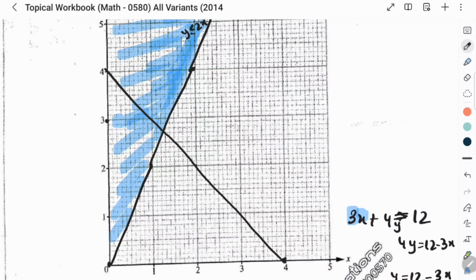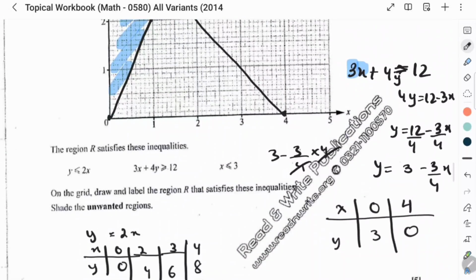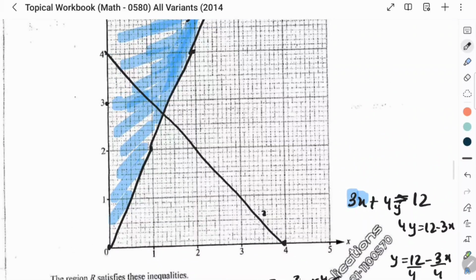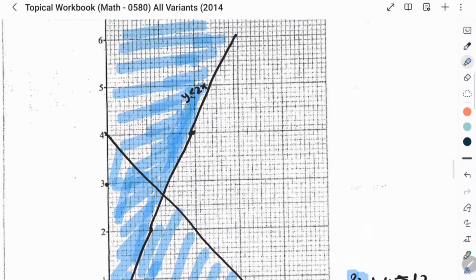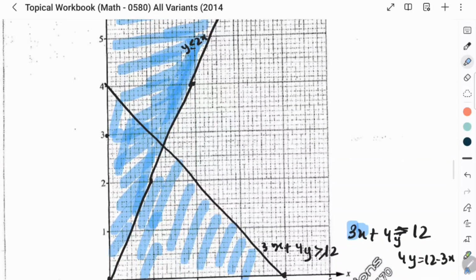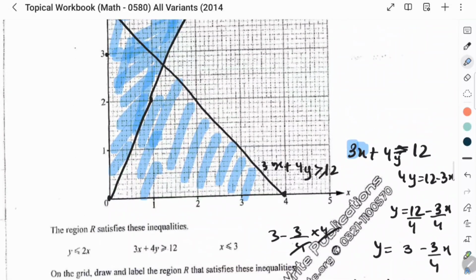So this line is 3x plus 4y is greater than or equal to 12. It means you will shade below the line. Now the next one is x is less than or equal to 3.